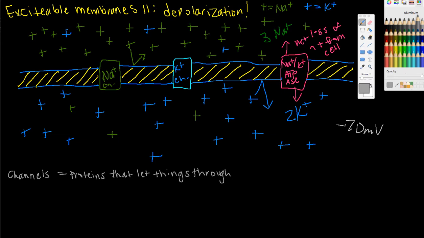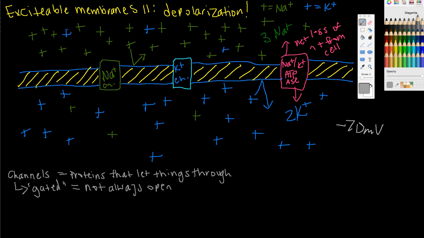In this case, these channels are gated, which means they're not constantly open. They only open under certain circumstances. So channels can be gated in a variety of ways.